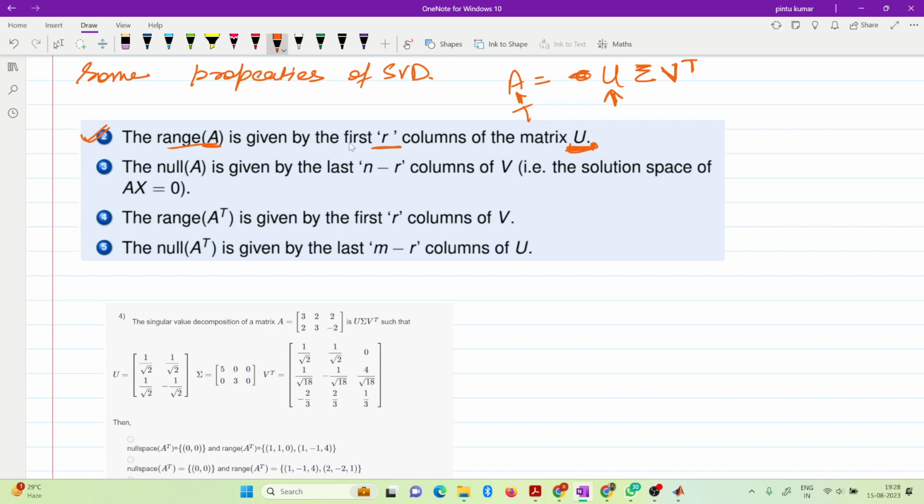The rank of this matrix is R, which is why we look at the first R columns.